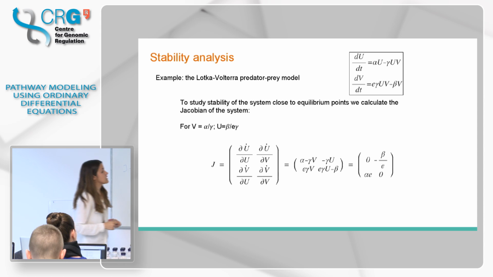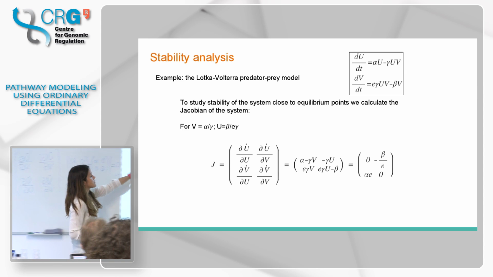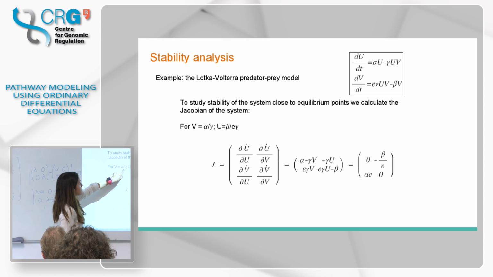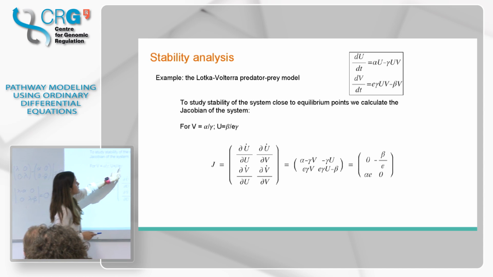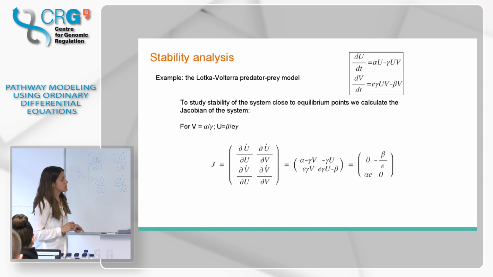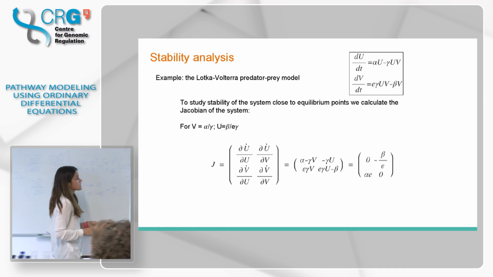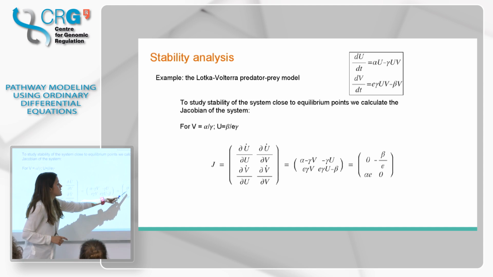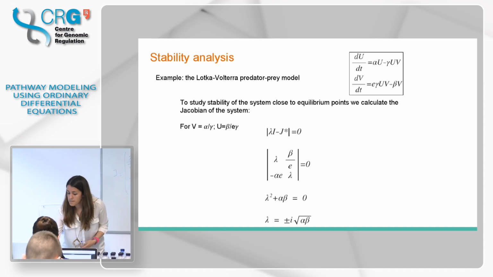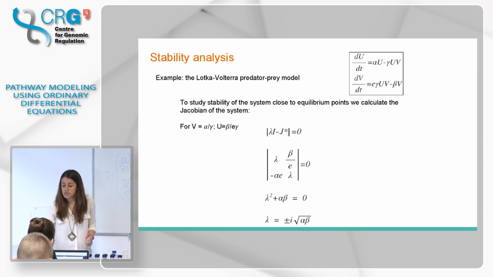We can do the same for the other steady state point, which is alpha divided by gamma and beta divided by epsilon gamma. We do exactly the same. We calculate the Jacobian, and we replace it by the values in the steady state. From here, we calculate the eigenvalues.